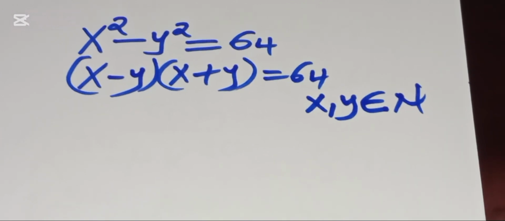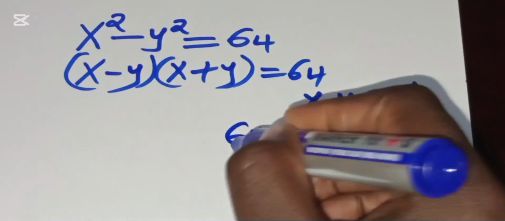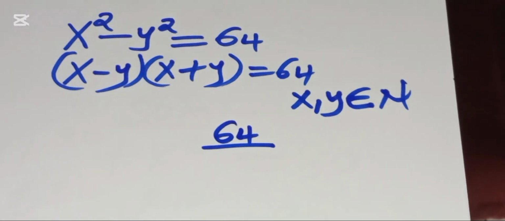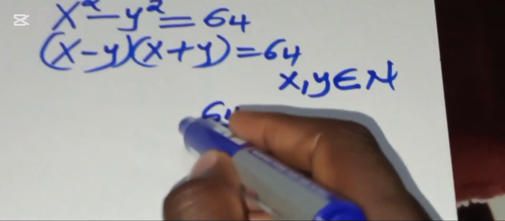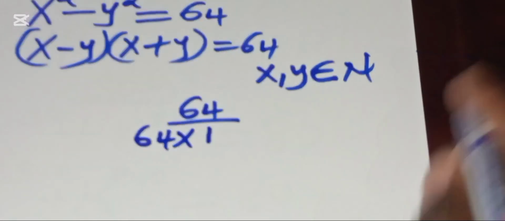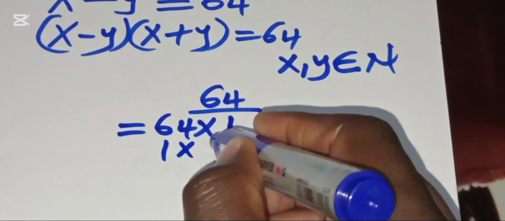So let's get the values of x and y. The first thing, we are going to get the factors of 64, what we can multiply to get 64. The first one is 64 times 1. Also, we can say 1 times 64.